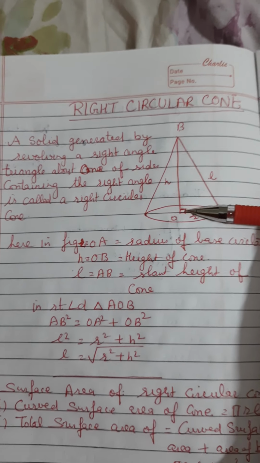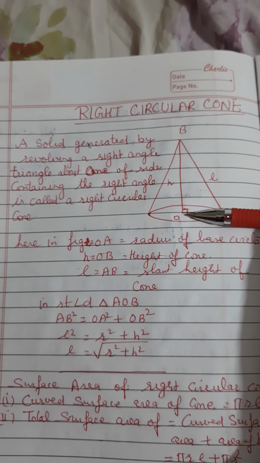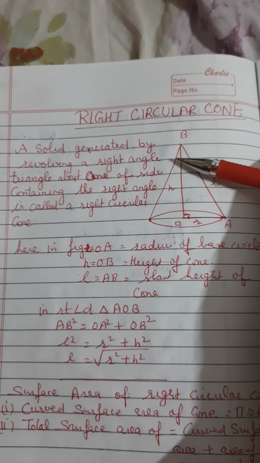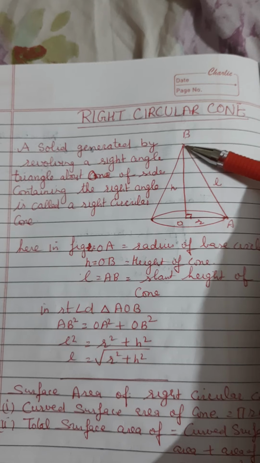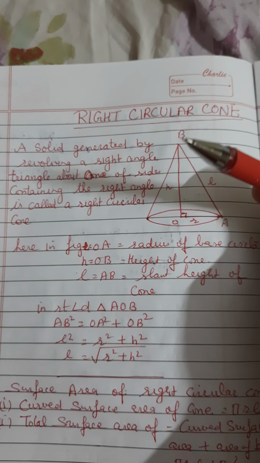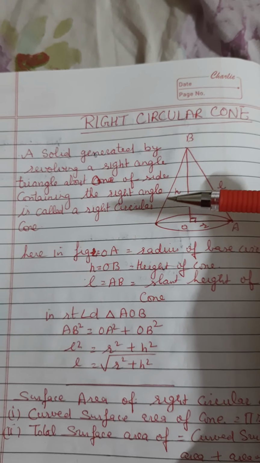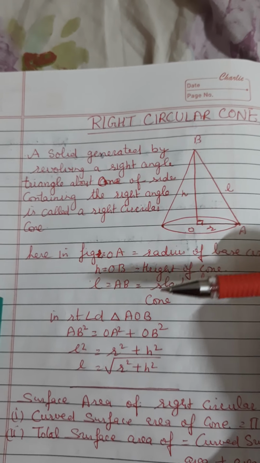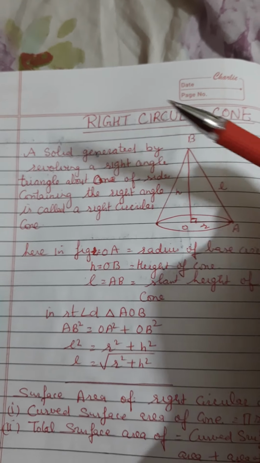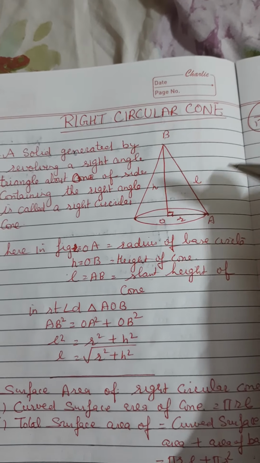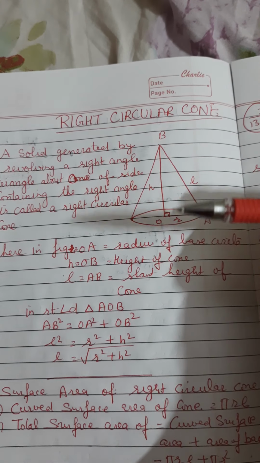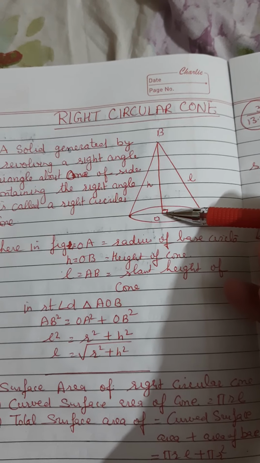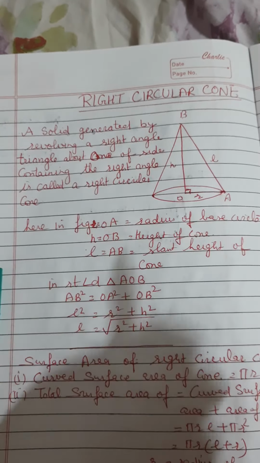If we take this side as constant at one place, then this point will be free to move in a circular path, and we will get a cone. Again, this will remain constant at one place.